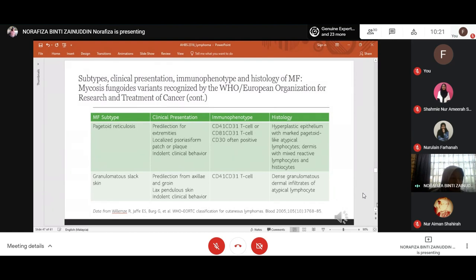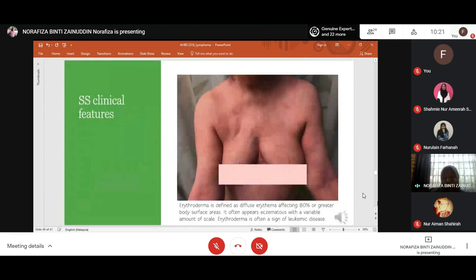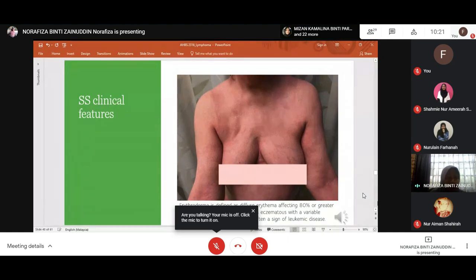All right. So for patients with Sézary syndrome, they typically present with erythroderma, defined as diffuse erythema affecting at least 80% of body surface area.